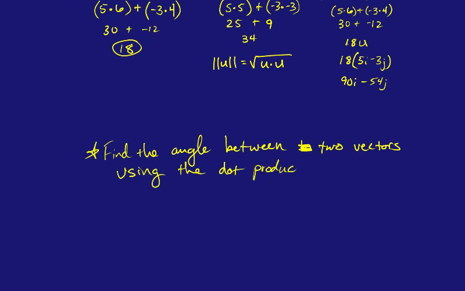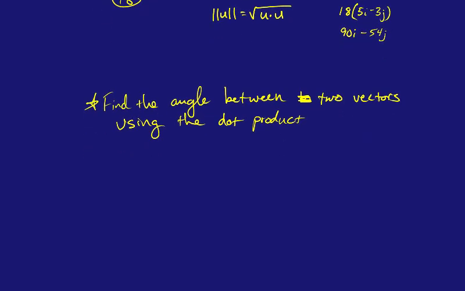It's not just the dot product, but it's the dot product and the magnitude, but here we go nonetheless. Here's a formula that you might need. Cosine of theta equals u times v over the magnitude of u times the magnitude of v. And this formula can be used to find the angle between two vectors.